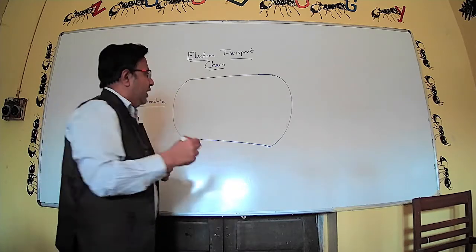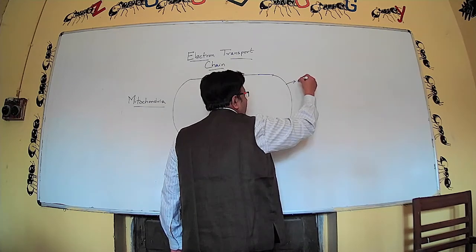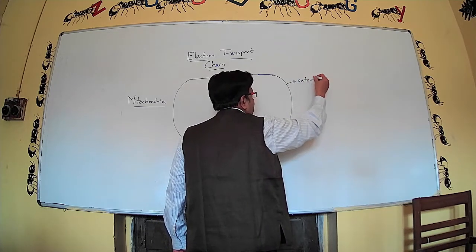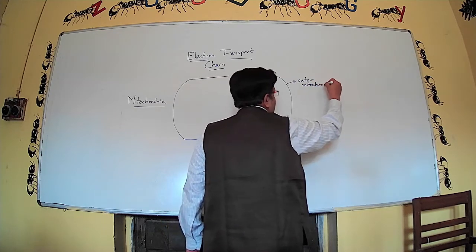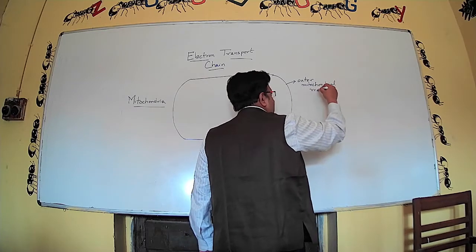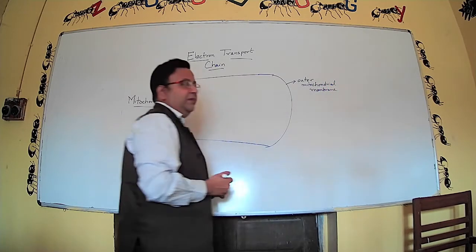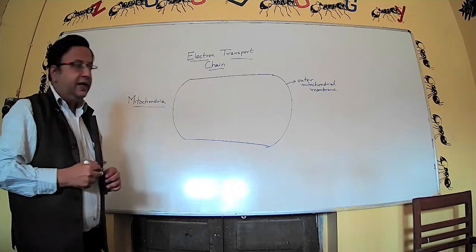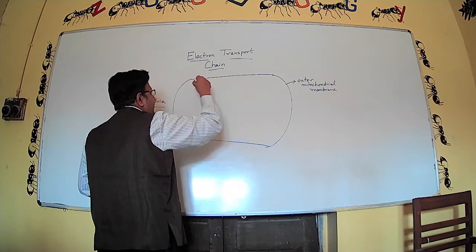Mitochondria has an outer mitochondrial membrane and an inner mitochondrial membrane, which is folded.